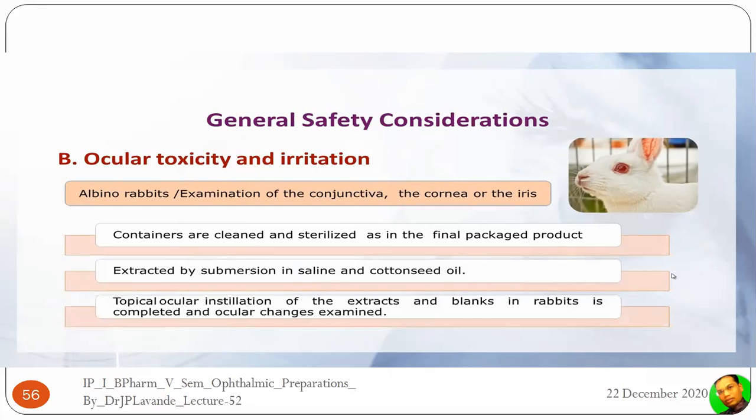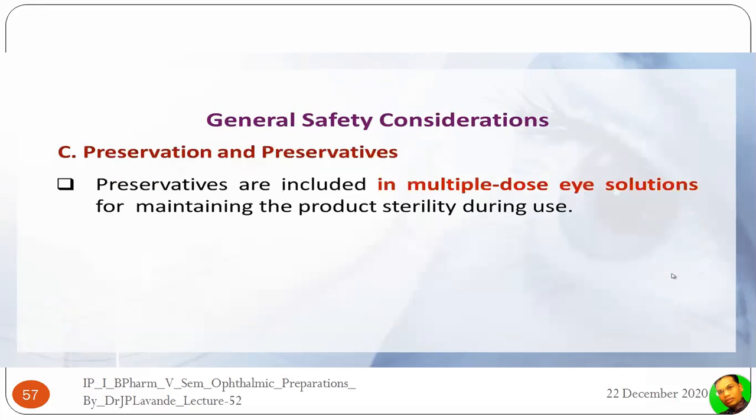The topical ocular instillation of the extract and the blanks in rabbits is completed, and the ocular changes are examined. So in order to detect ocular toxicity and irritation, these albino rabbits are used to perform this kind of examination. The reflexes will be noted.